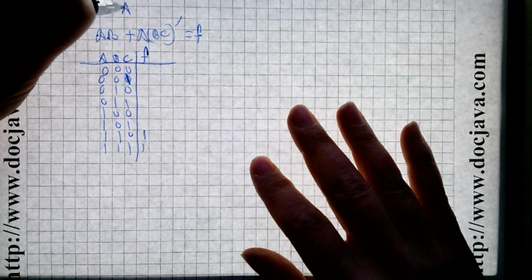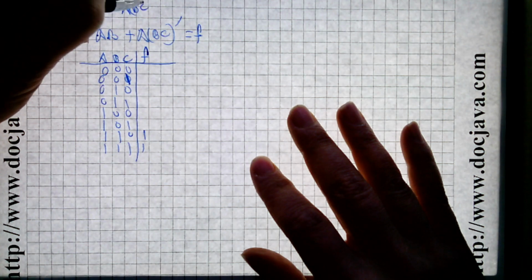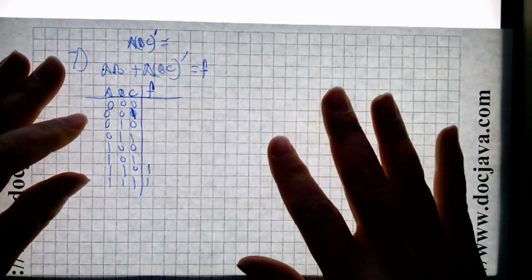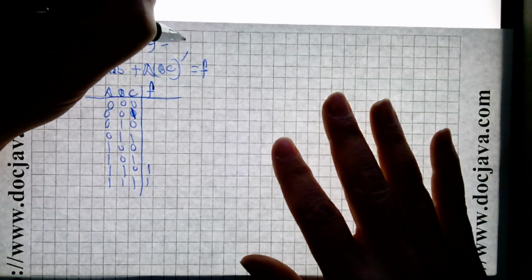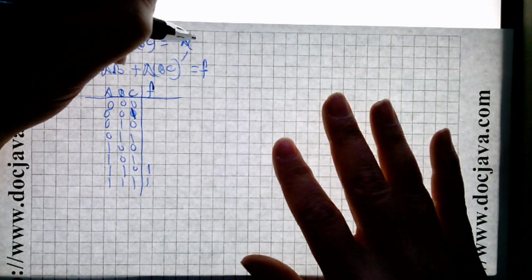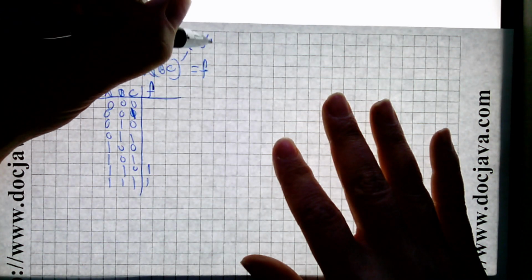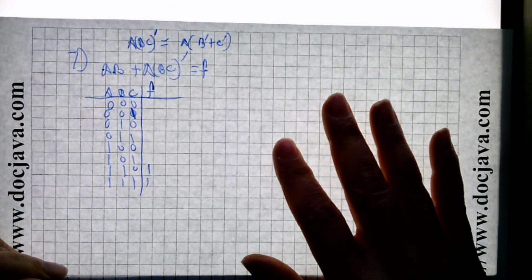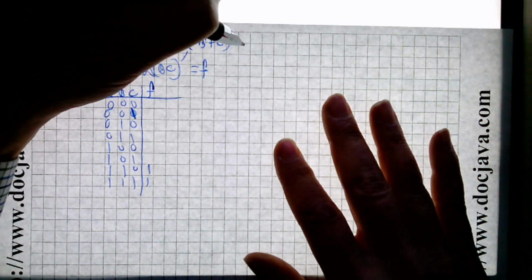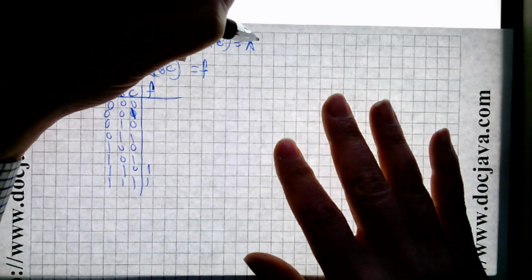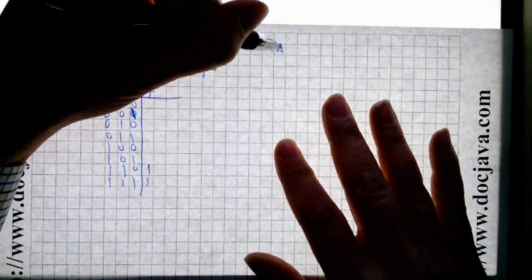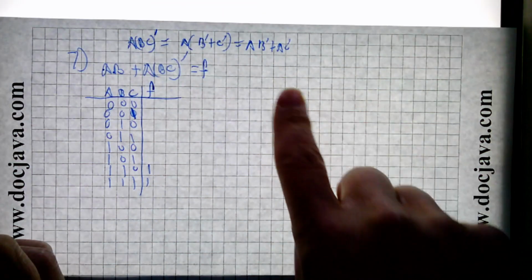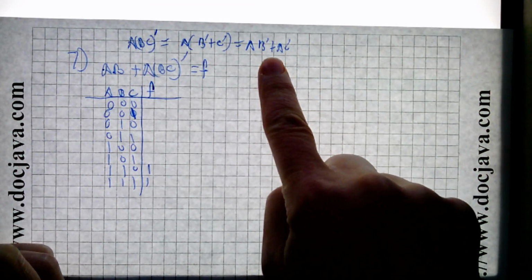Now, if I took a, b, c inverted and wrote it out using De Morgan's theorem, it would be a times b prime or c prime. I can simplify that by cross-multiplying: a b prime or a c prime. Everybody kind of see that?